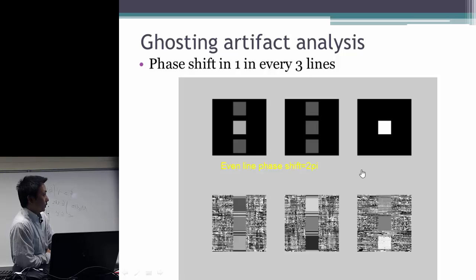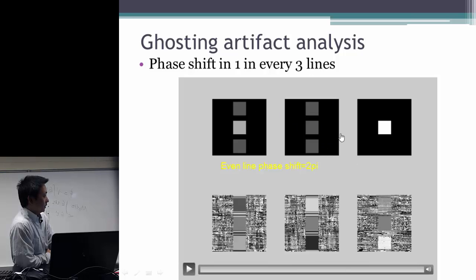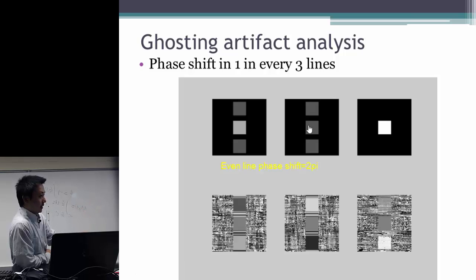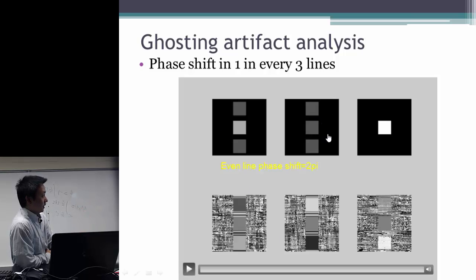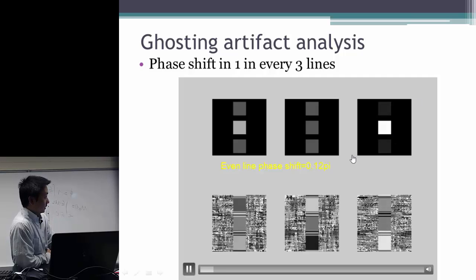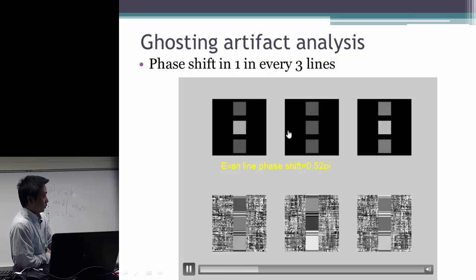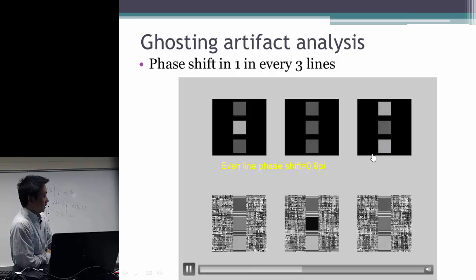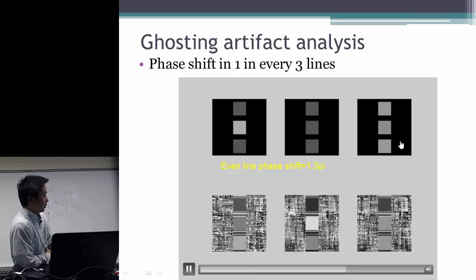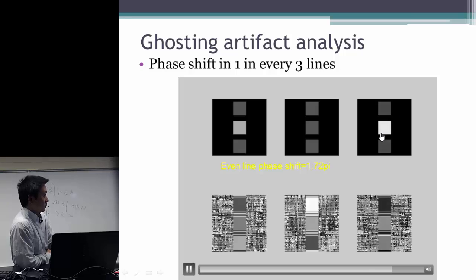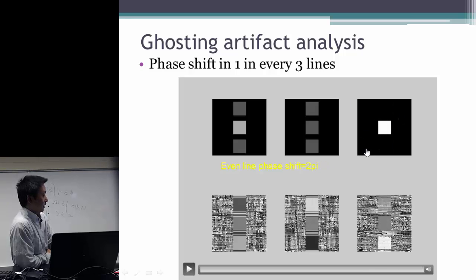Okay, so what's shown here is because this one we only have 1 K-space line for every 3 lines. So this one is the aliasing artifact. But for the one shown here, because we are adding these 2 K-space together, this is a fully acquired K-space. So this one is not the aliasing artifact, but it's ghosting.